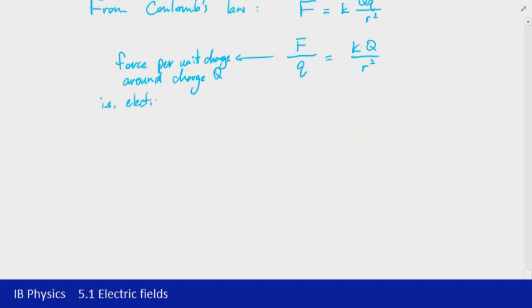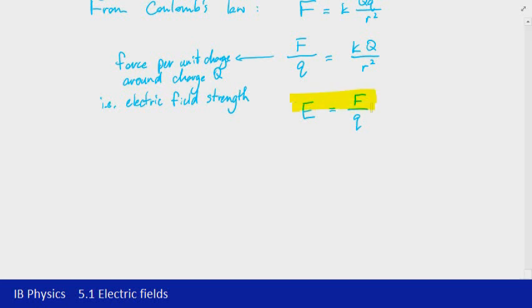So when you're looking at the amount of force that would exist on a small positive test charge around some other charge, we're really looking at the force per unit charge. So that gives us the equation that E, the electric field strength, is equal to F on q, and that's the equation that's in the data booklet.